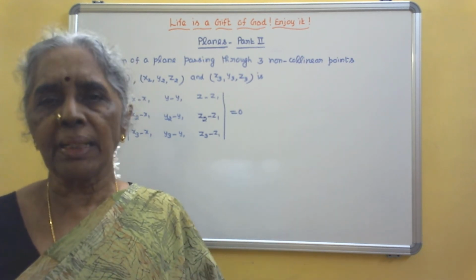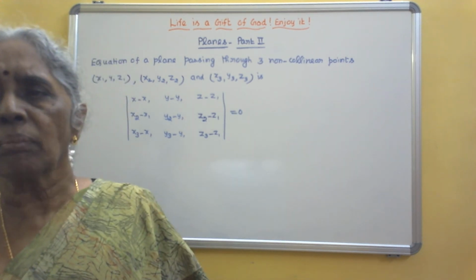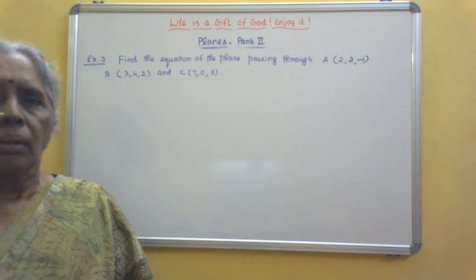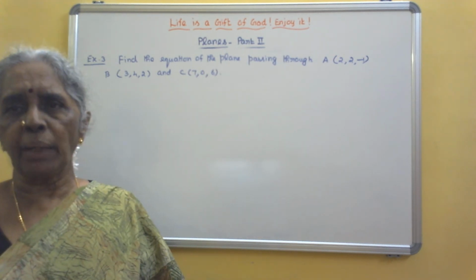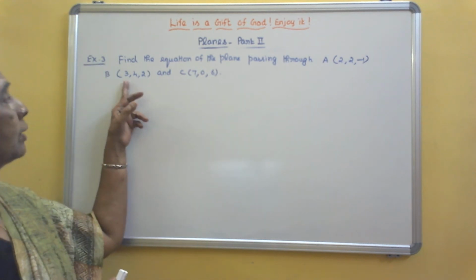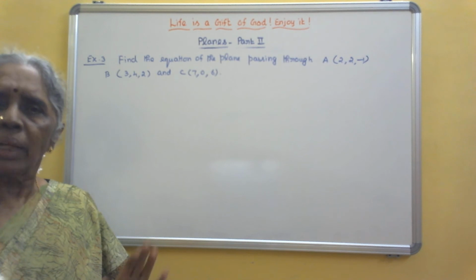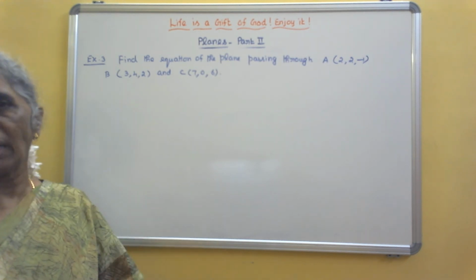If 3 points are given, how to find the equation of a plane, okay? Find the equation of the plane passing through A(2, 2, minus 1), B(3, 4, 2) and C(7, 0, 6). Okay, a very simple model, this one.